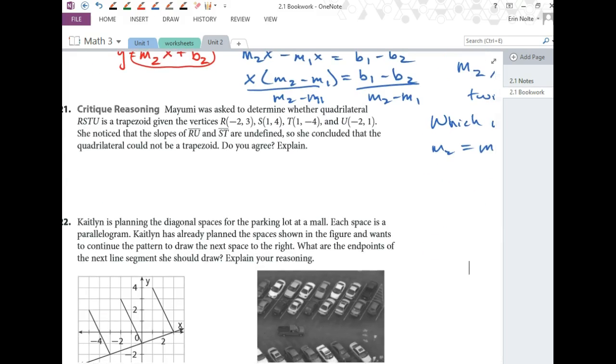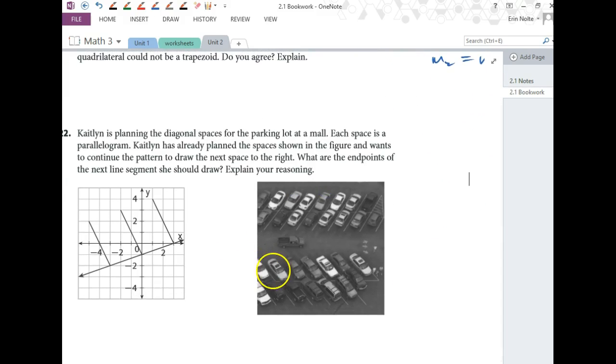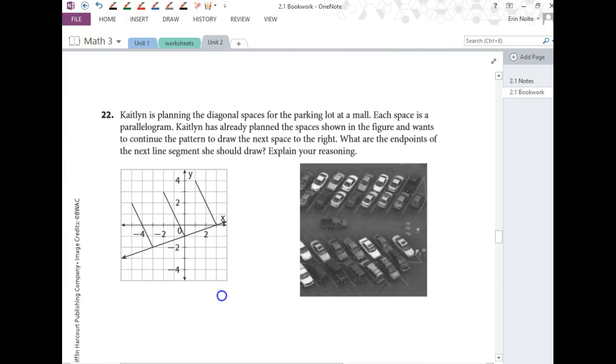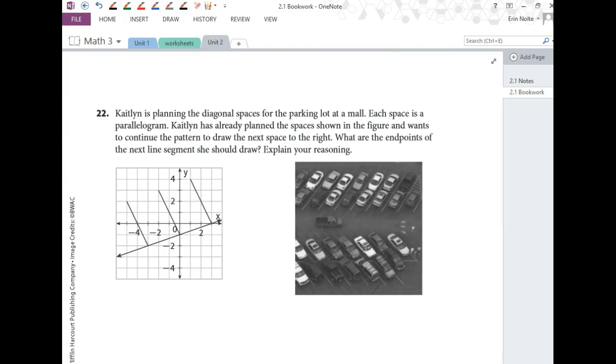Okay, so this last one is actually pretty simple. Let's do it real quickly. You guys all like real world examples of stuff, right? Okay, so it says Caitlin is planning diagonal space for the parking lot at the mall. Each space is parallel.